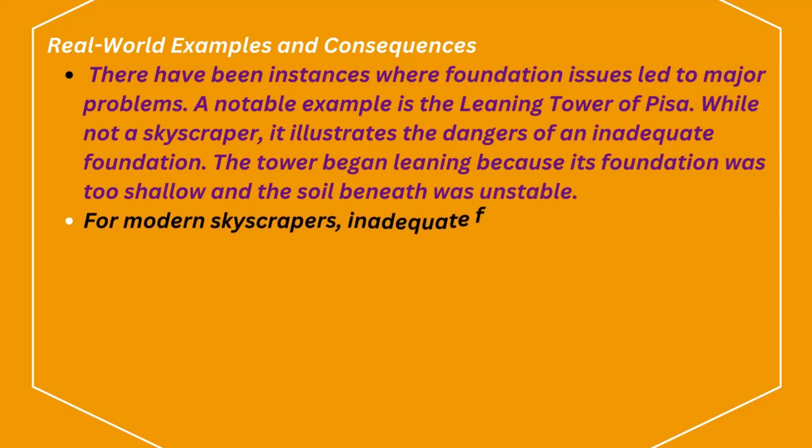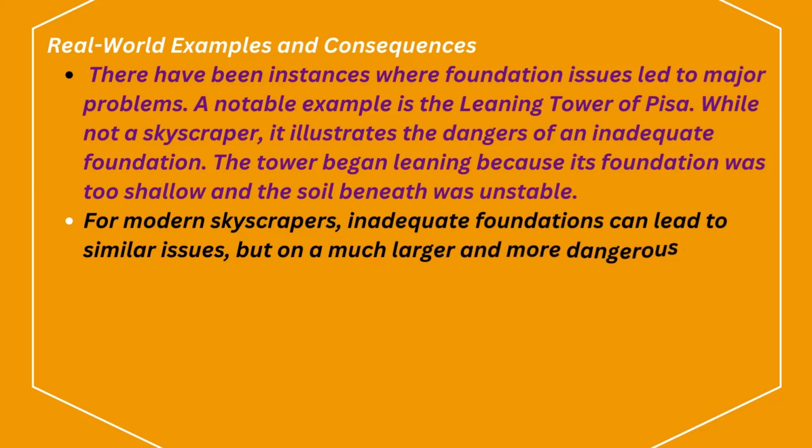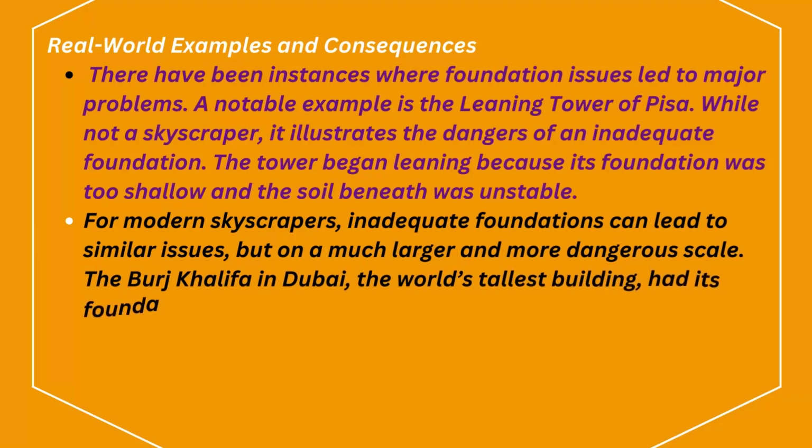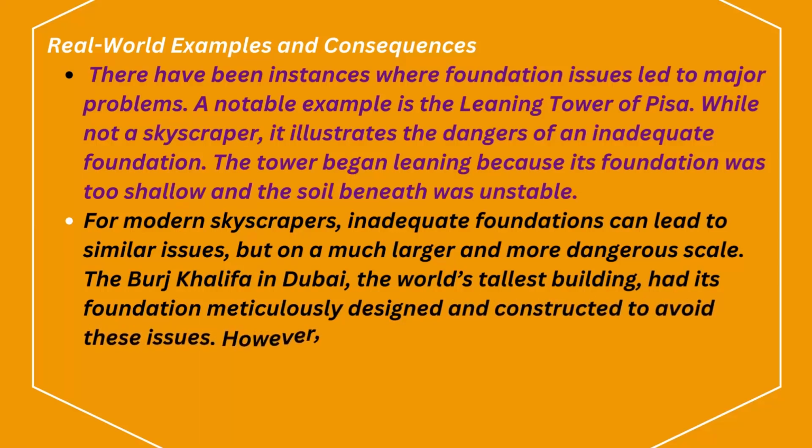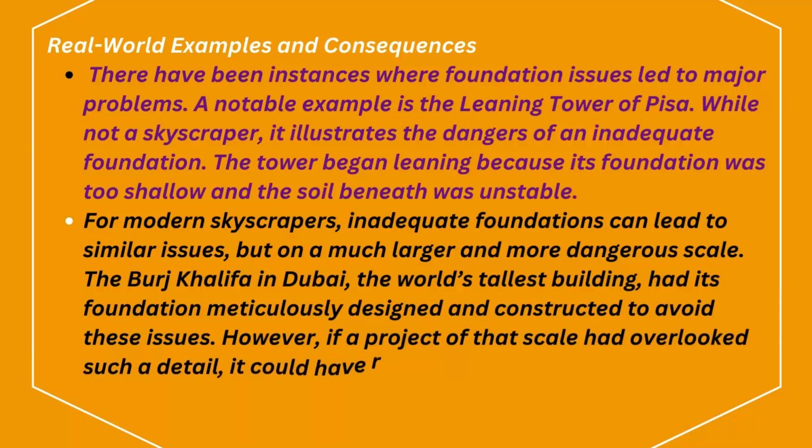For modern skyscrapers, inadequate foundations can lead to similar issues, but on a much larger and more dangerous scale. The Burj Khalifa in Dubai, the world's tallest building, had its foundation meticulously designed and constructed to avoid these issues. However, if a project of that scale had overlooked such a detail, it could have resulted in massive structural failures.